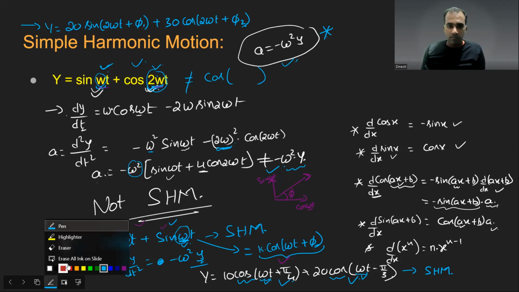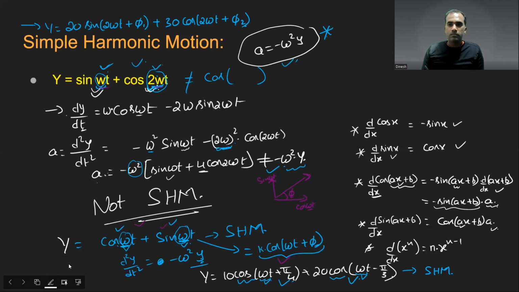Is it SHM or not? Come on, it's easy stuff. Sir, it will be SHM. Yes. Why? Because when you differentiate this once, 2 omega will come outside, and it will be the same angular frequency. Yes, it will be SHM.